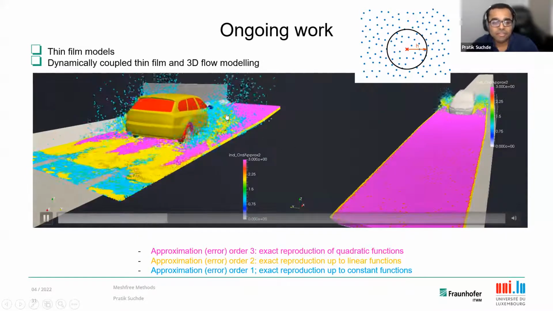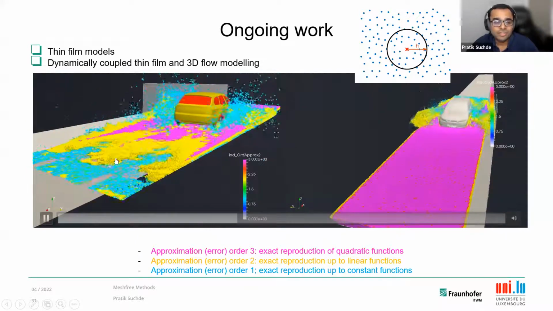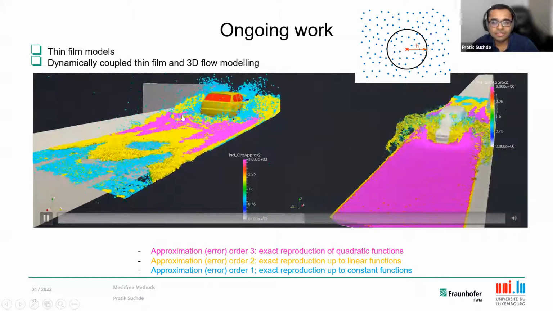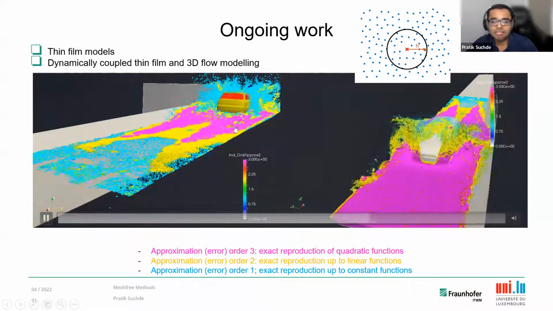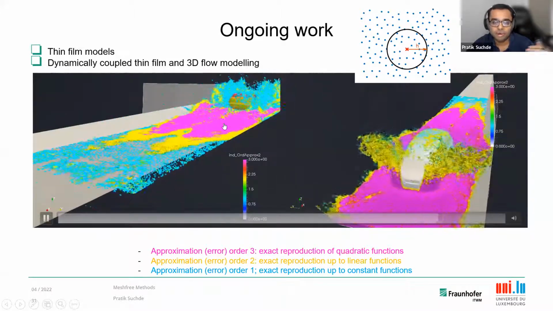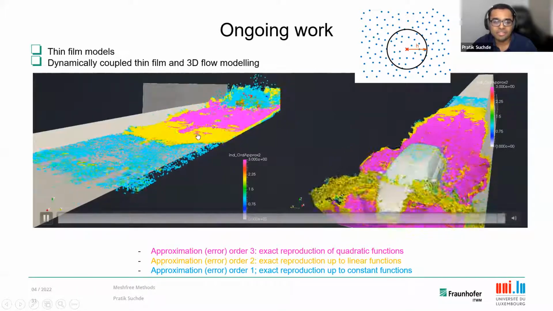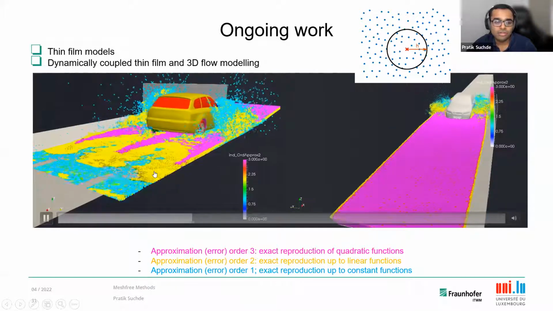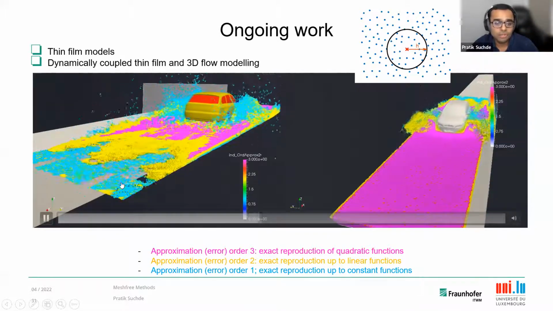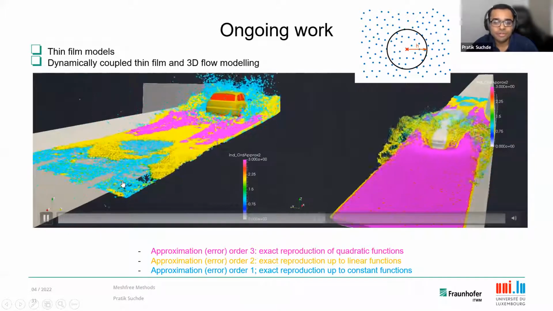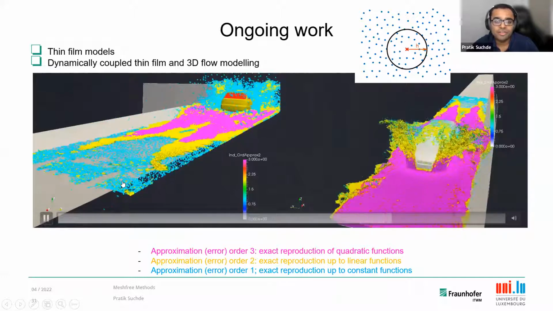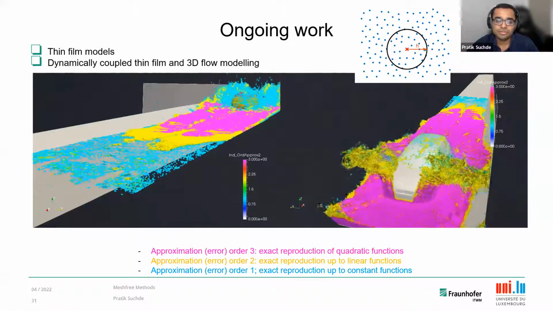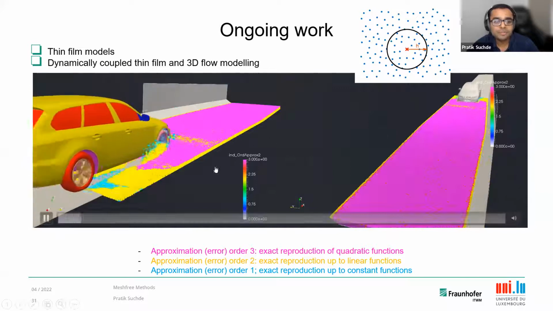So what this figure actually shows is regions where we had to decrease the order of accuracy. We start in these pink regions where we are saying we want to differentiate quadratic functions exactly. Then we go on to a lower order in the yellow region and an even lower order in the blue region, where you're only reproducing constant functions in derivative computations, which is obviously not very accurate.